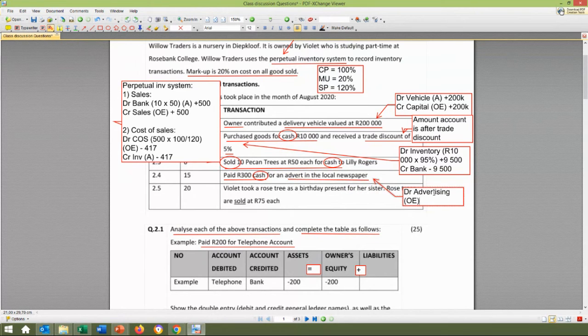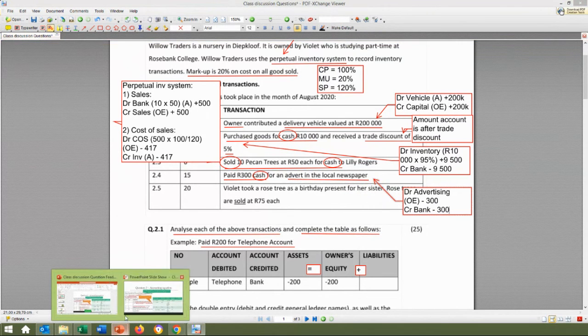Now remember, if we've got an expense, it decreases our owner's equity by the 300 Rand. And because we paid cash for it, we are going to credit our bank account with a negative 300. So we're going to reduce the bank account as well. So we're debiting advertising and we're crediting the bank in this scenario.